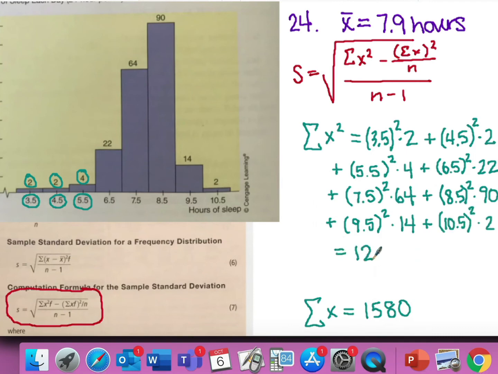So that's a lot, but I got 12,702 for my sum there. So we're going to use those two numbers and just plug them into our standard deviation formula.